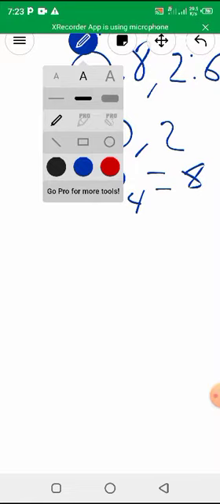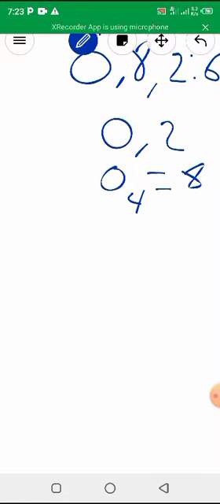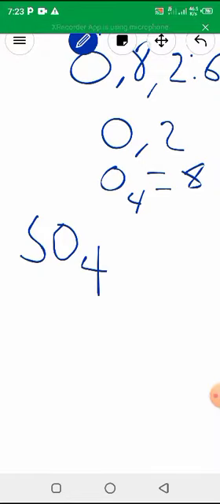Now we shall have the sum of oxygen. There are 4 oxygen atoms, each having a valence of 2, times 4, which is 8. The sulfur is in group 6. You just write on top of sulfur 6.